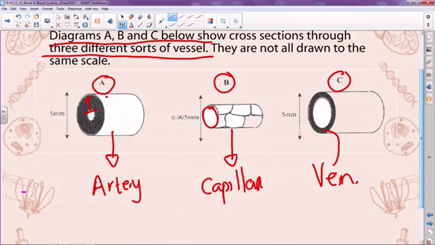That is usually the easier one for you to be able to grasp. It's these ones, the artery and the vein. Look at the muscle layer. The thicker the muscle, it's going to be an artery, or the wider the lumen or a valve is going to be a vein.